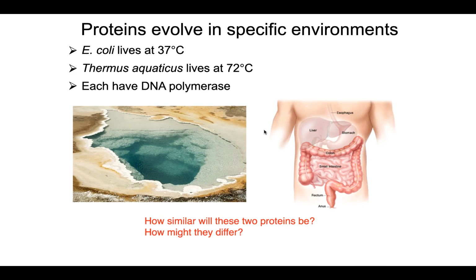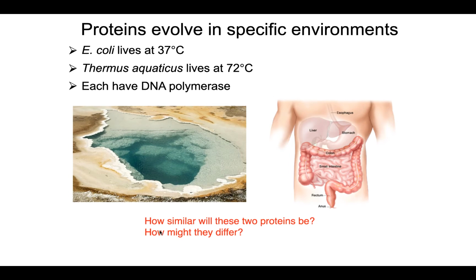And both of them have this protein, a DNA polymerase. They both inherited that protein via a common ancestor, but because they live under different environmental conditions, that protein is going to have evolved a slightly different structure to accommodate those different environmental conditions.